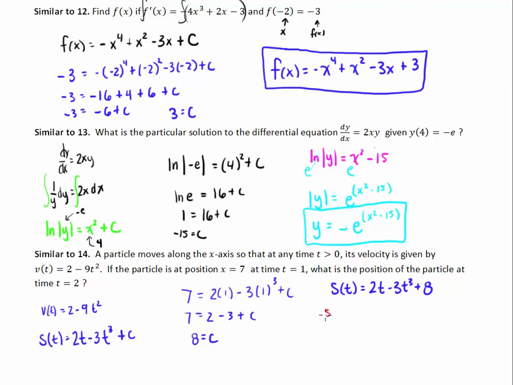So s of 2 is equal to 2 times 2 minus 3 times 2 cubed plus 8. So we get 4, 2 cubed is 8, minus 3 is negative 24, plus 8. So we get 12 minus 24 is negative 12. That is the position of our particle at time t equals 2.